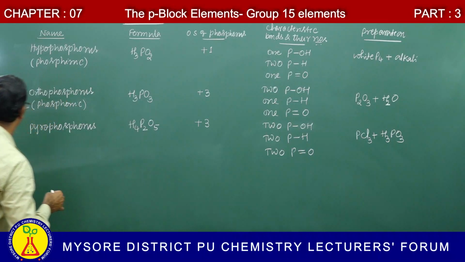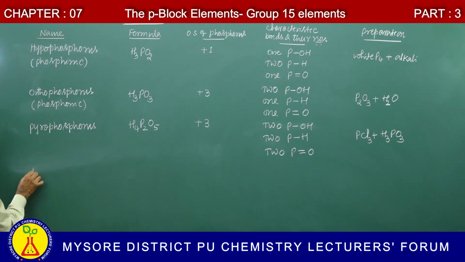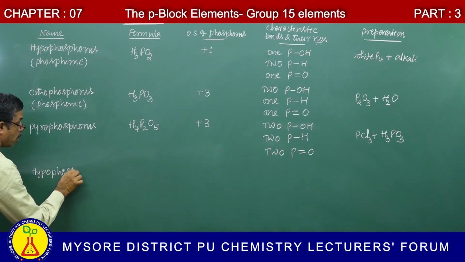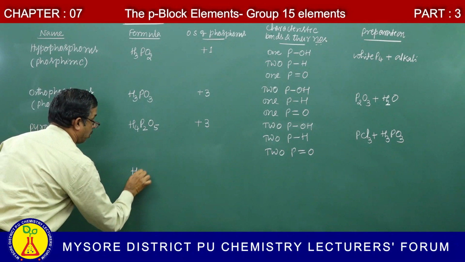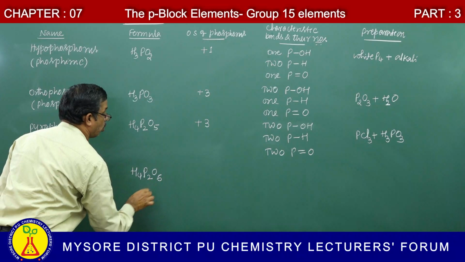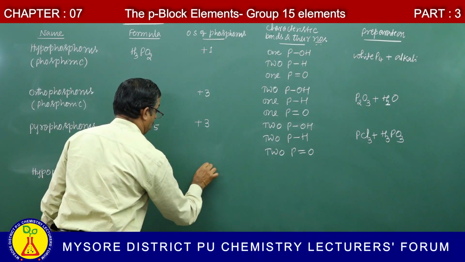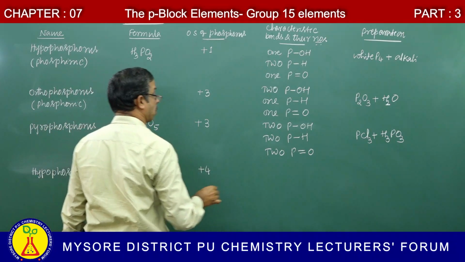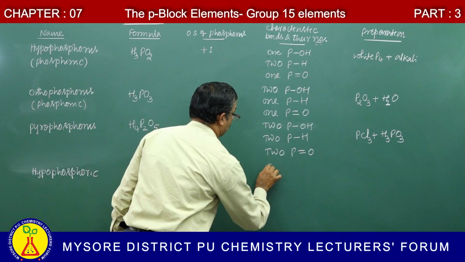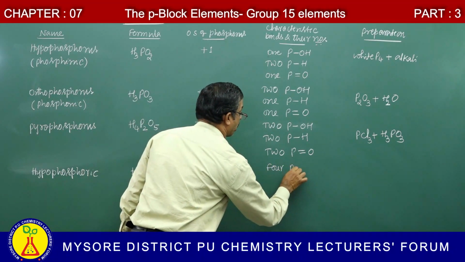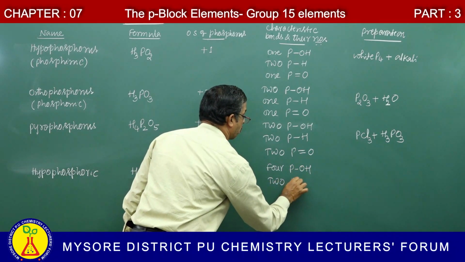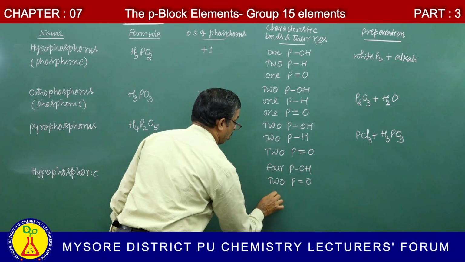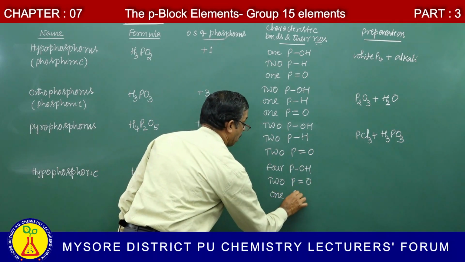Next one, hypophosphoric. H4P2O6, plus 4, 4 POH, 2 P double bond O, then 1 PP.